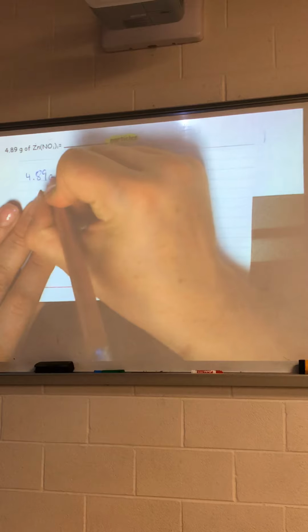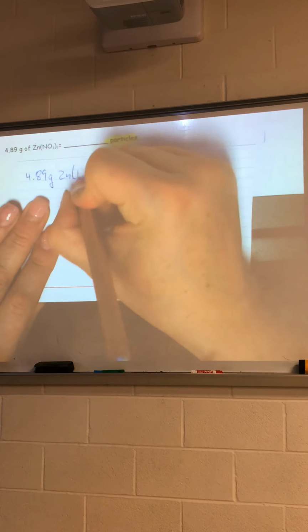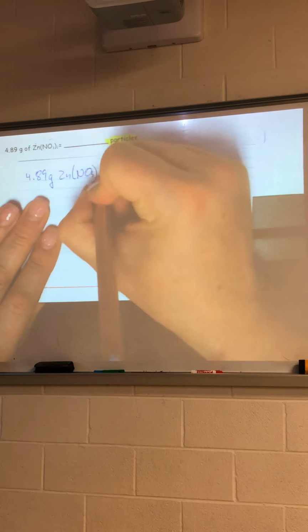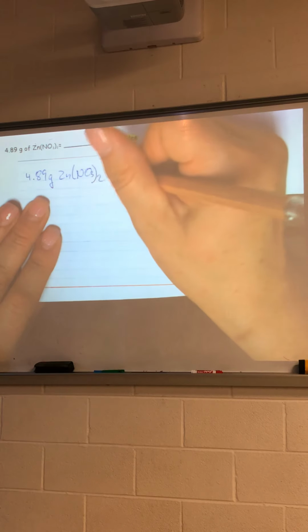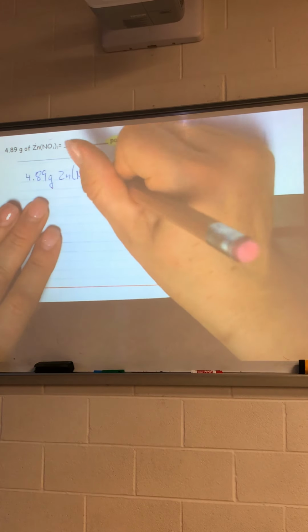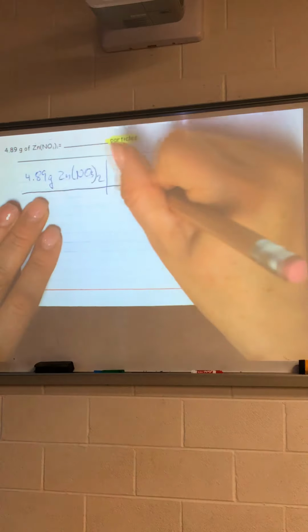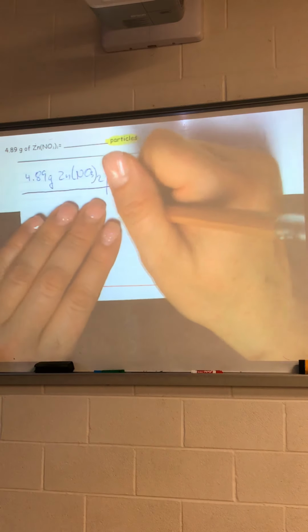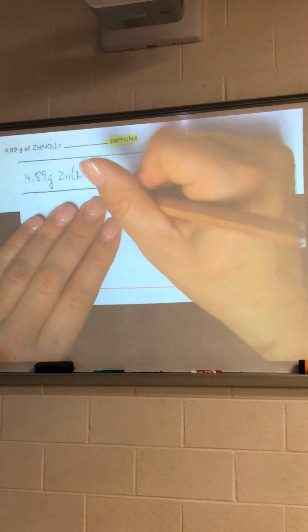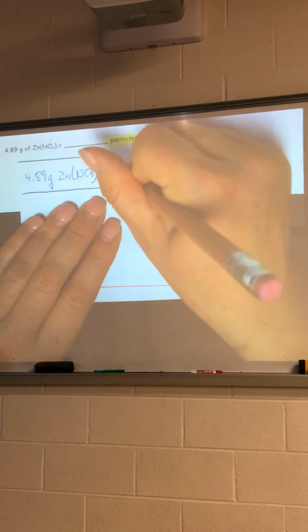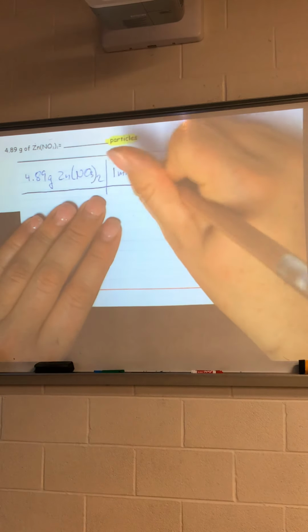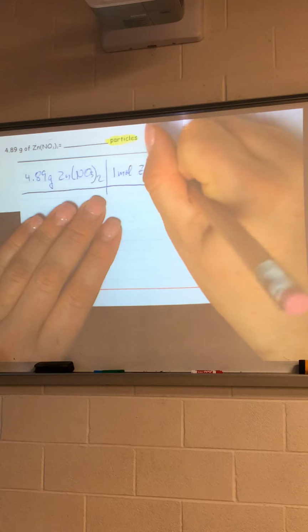But you have 4.89 grams of zinc nitrate. And now you want to change it to moles, because remember, you must have moles in your calculation. So you go, well, 1 mole of zinc nitrate. Can somebody tell me what the number was that we got?